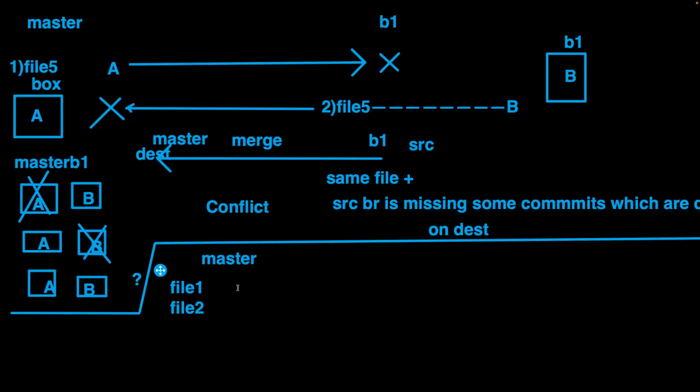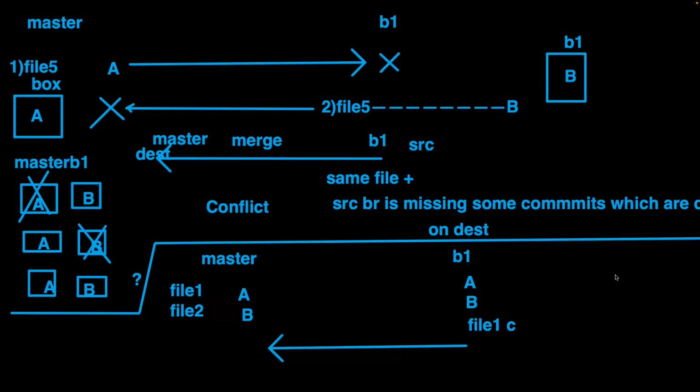There is some commit A, commit B. Now I made a branch here. So obviously I have the same commits here, same files. Now I made some change on file 1, commit C. Now I'm merging. Will I get a conflict now? Same file, file 1, but will I get a conflict?